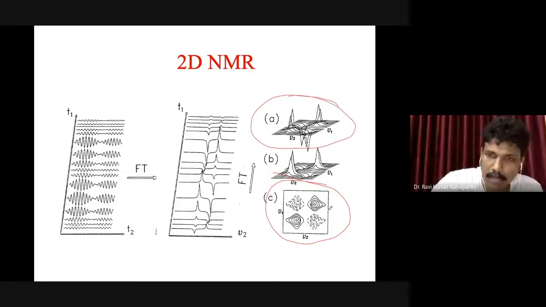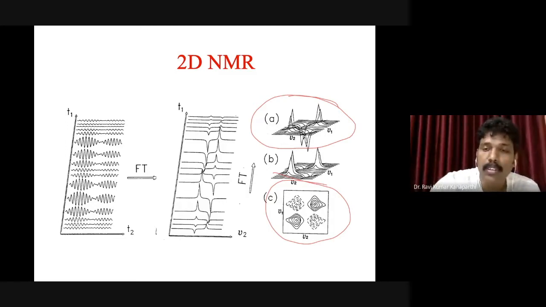But in the two-dimensional simple graph, we can represent the same information like this. This is called a contour diagram, and this contour diagram has contour peaks, and each one is represented with thick and thinner lines.